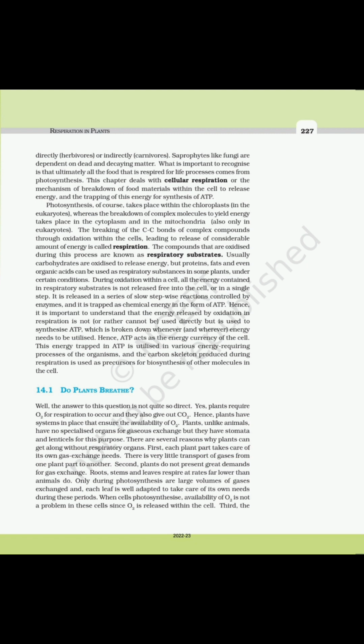During oxidation within a cell, all the energy contained in respiratory substrates is not released free into the cell or in a single step. It is released in a series of slow stepwise reactions controlled by enzymes, and it is trapped as chemical energy in the form of ATP. Hence, it is important to understand that the energy released by oxidation in respiration cannot be used directly but is used to synthesize ATP, which is broken down whenever and wherever energy needs to be utilized.